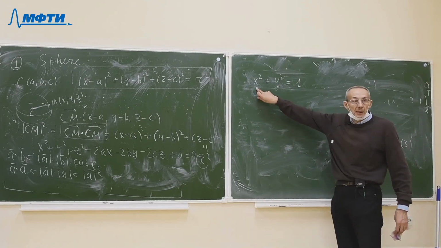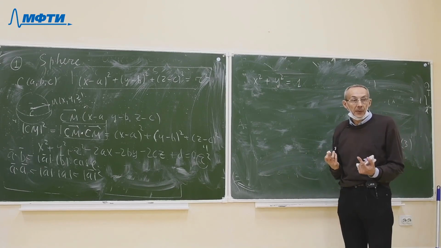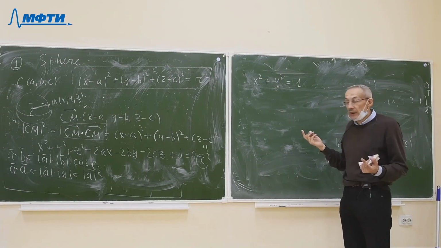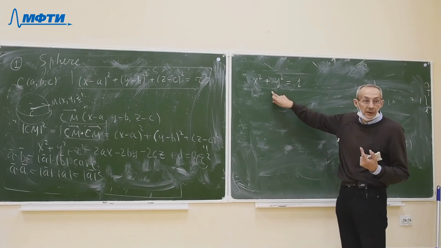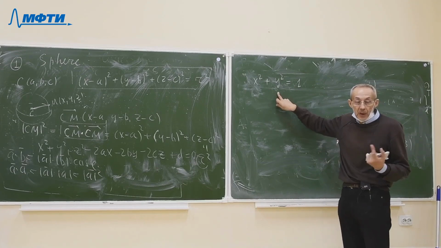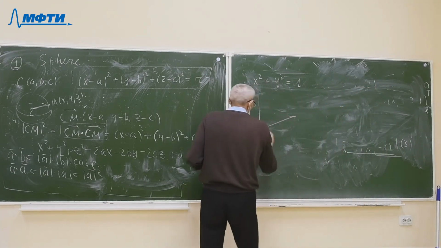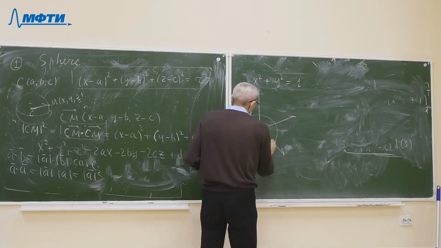Let me consider this equation in space. In this case, the third coordinate z is virtually present, but it is absent in this equation. What does this fact mean? We have a circle in the plane.